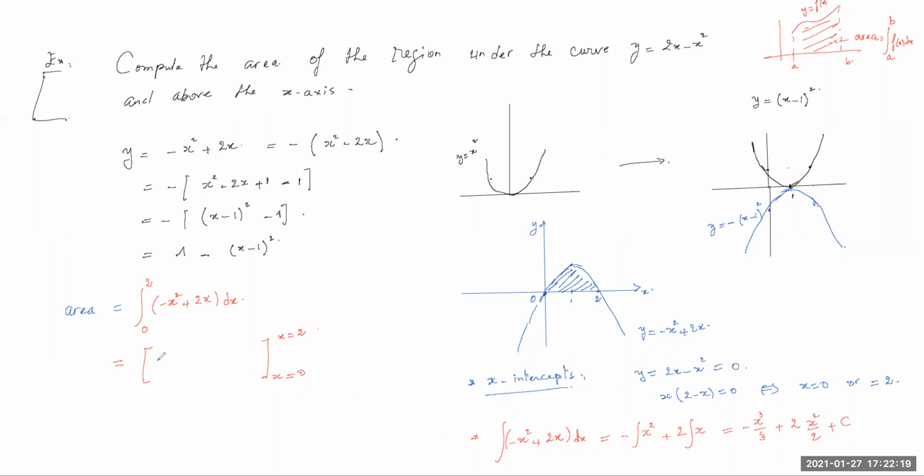Then you come back here and substitute. Plus x squared, that's all. Then you have minus 8 over 3 plus 4, and at 0 this quantity is 0. So you have 12 minus 8, which is 4 over 3.